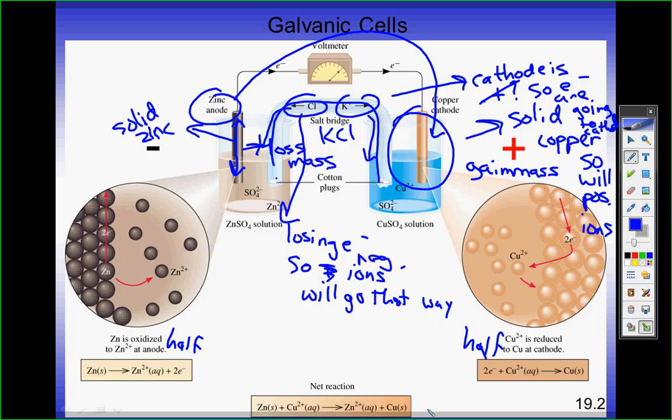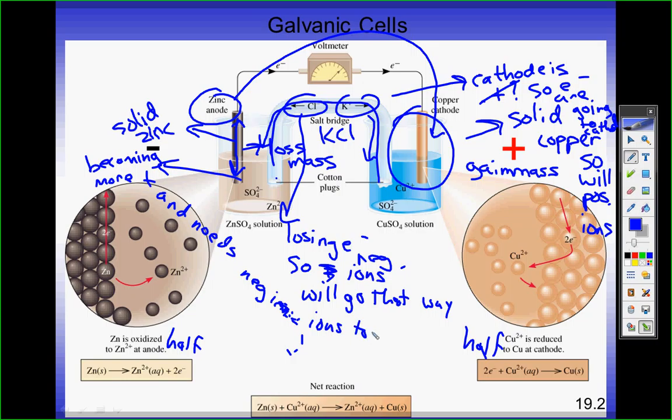Which means that this side is becoming more positive and needs negative ions to balance out. So that's the whole concept of redox charge balance. One side's losing electrons, so it's going to need to be balanced on that side. That's the deal.